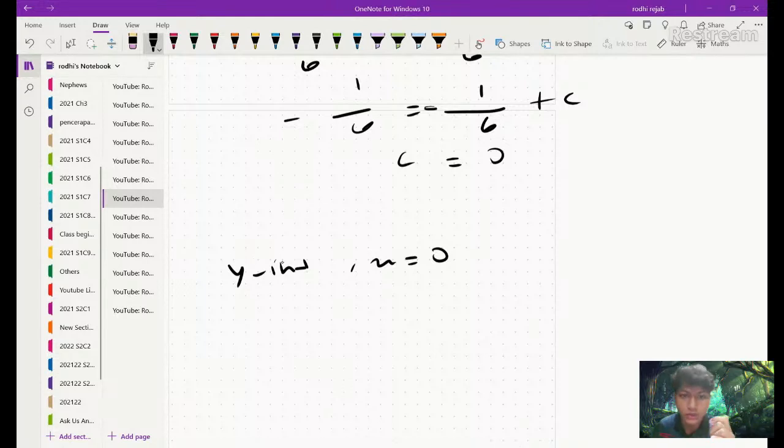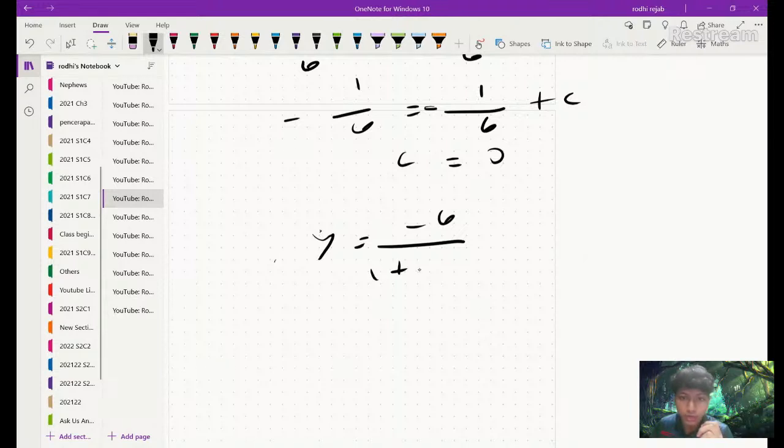Sorry for the question A. We'll have to substitute this value of c in the equation. So we will get y is equal to -6 plus 2x cube.